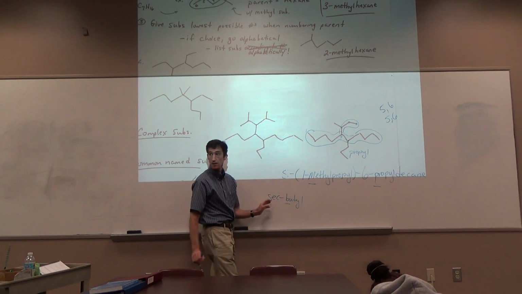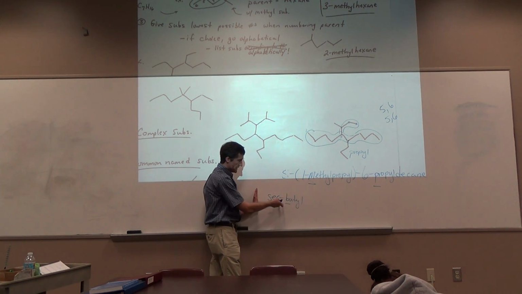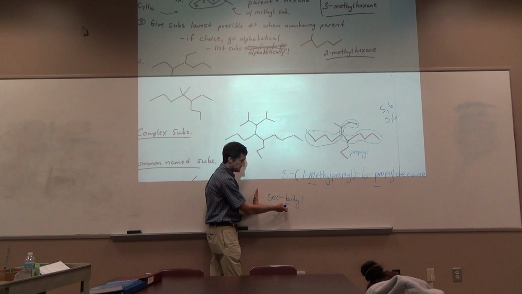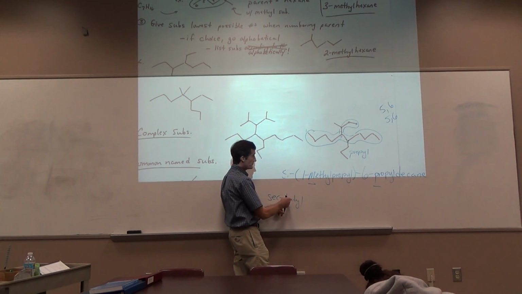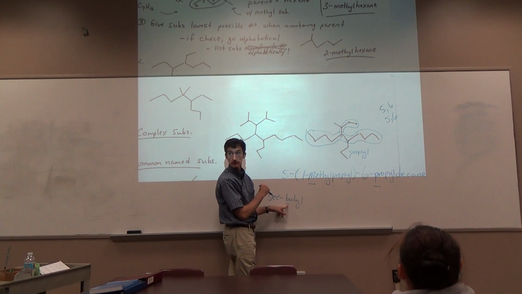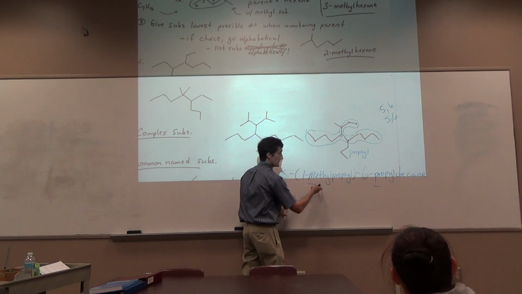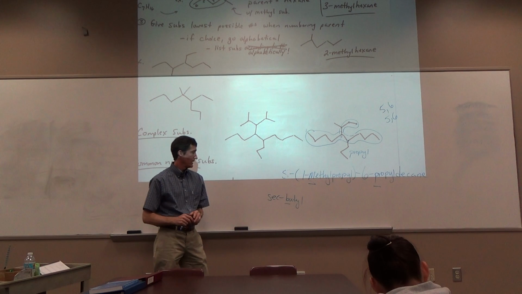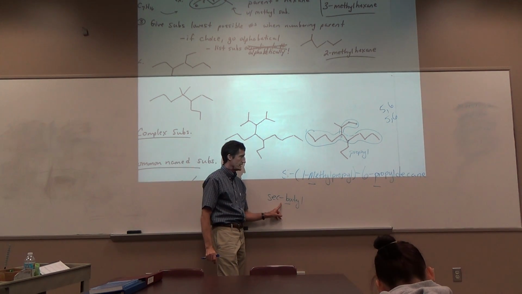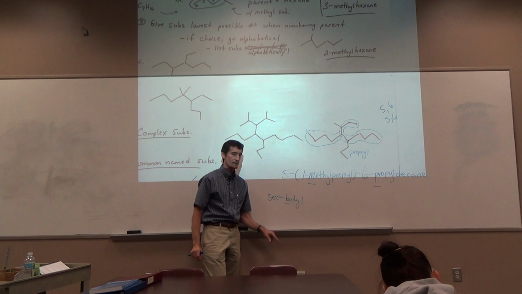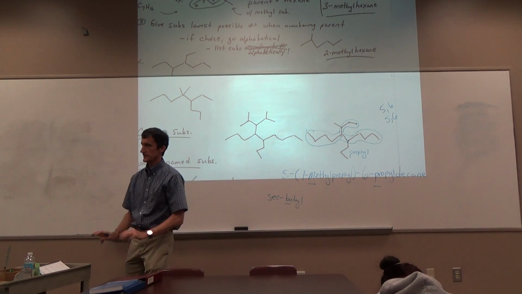It'd be B. Anytime you have a hyphen, it's not counted. B and P, so it would still be 5, because B would still come before P. Now if this made it switch, then that's where probably you would just stick to IUPAC.